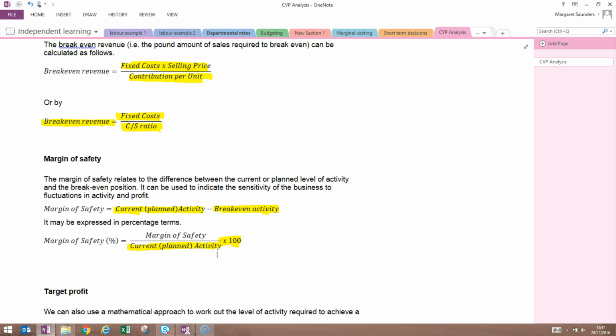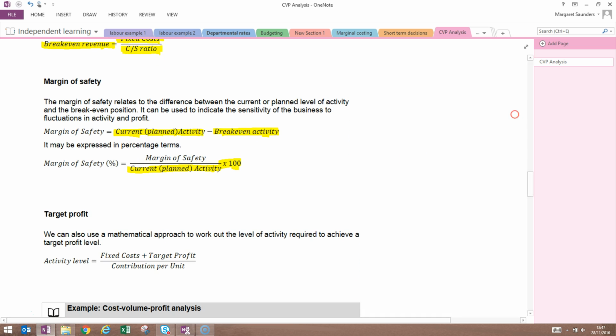The next one, target profit. So how many units do we have to sell to achieve a specific target profit? And we have another formula.